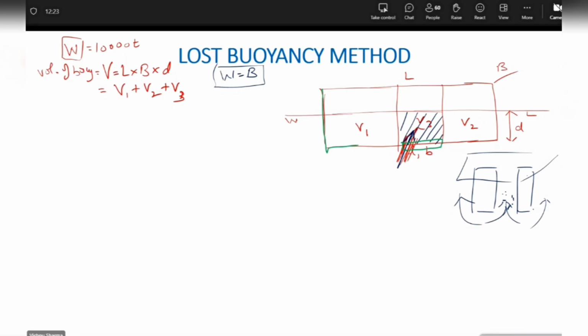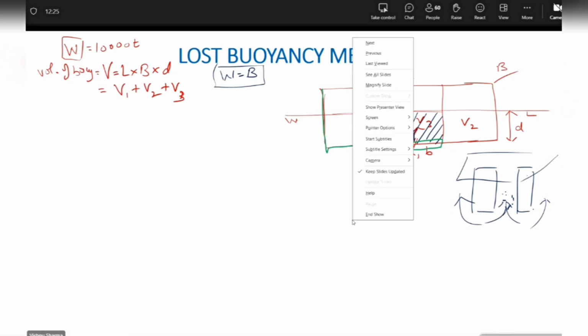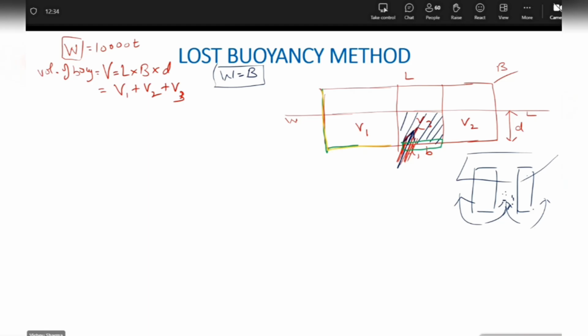If I remove this keel from the entire damaged portion, will the vessel's hull become like this? Yes or no? Like this it will become, yes or no?